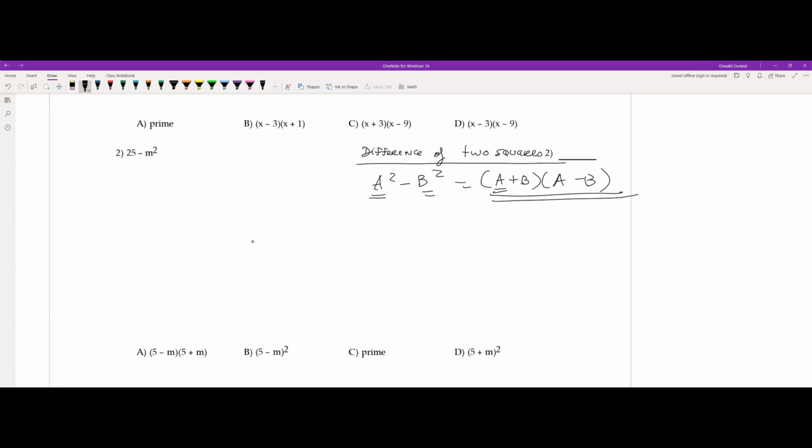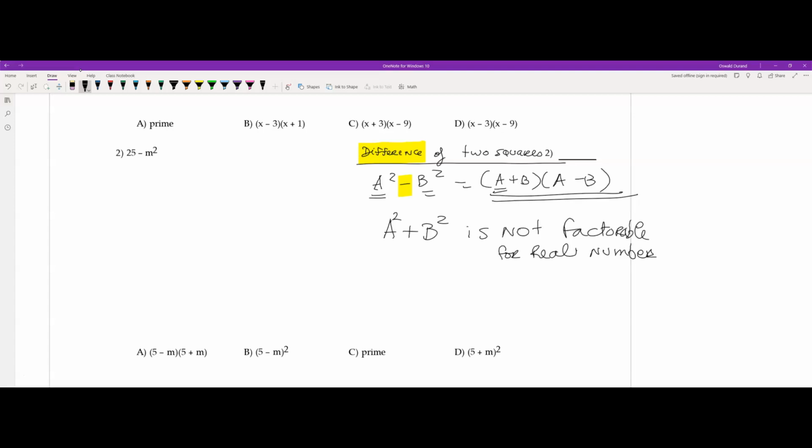All right, very important not to be confused with the sum. The difference means that we are subtracting. So there's a negative sign, not a plus. Always remember that a squared plus b squared is not factorable, for, I need to specify here, real numbers.